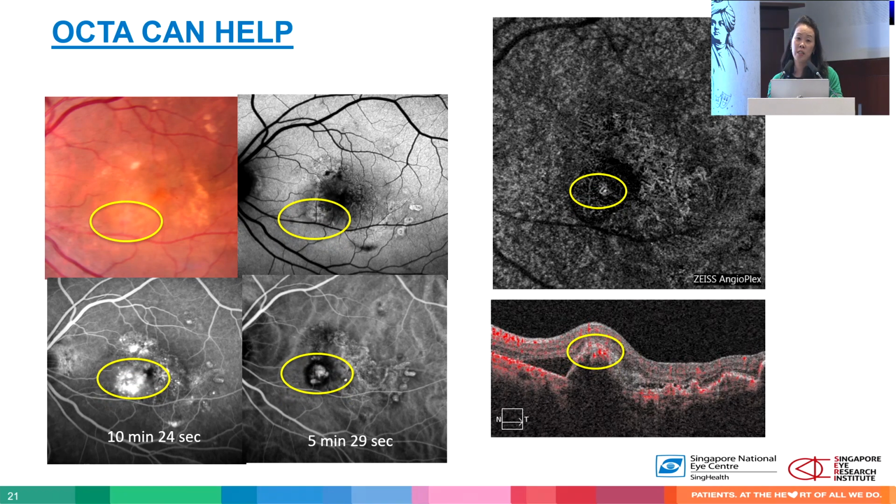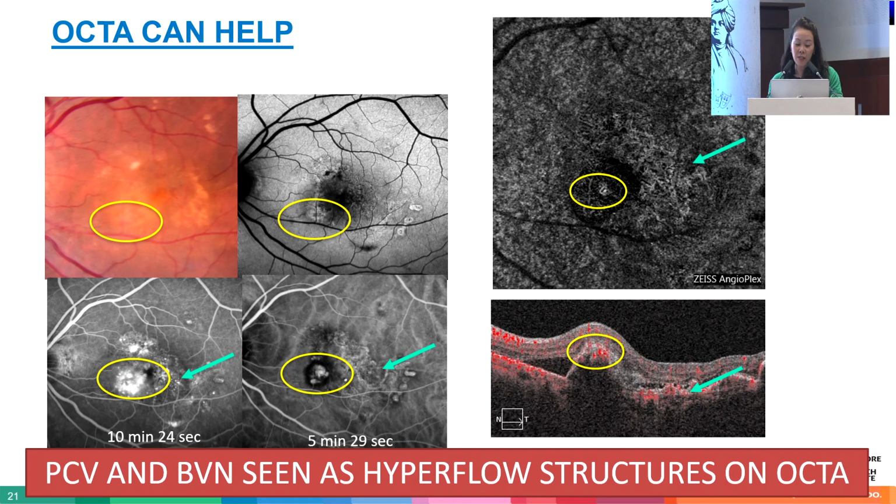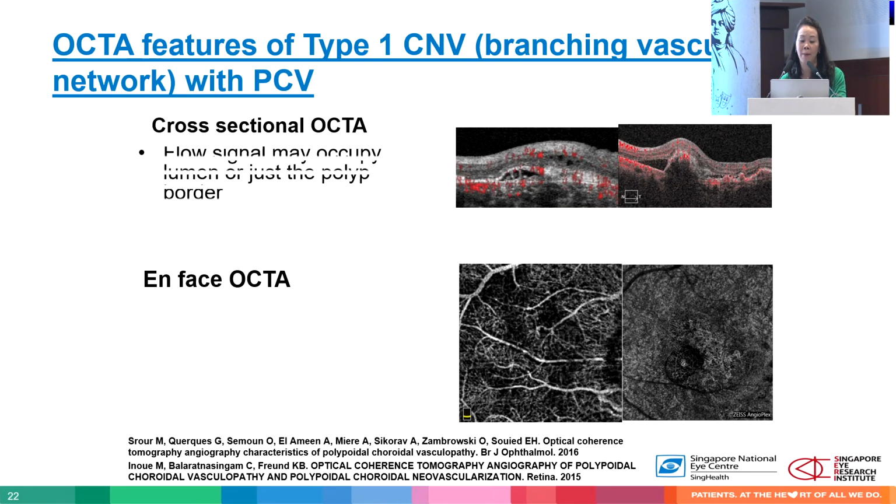You can see the OCTA here that shows a hyperflow lesion where the PCV is and an adjacent branching vascular network. And the PCV is here seen as a hyperflow structure on OCTA, but this is not always the case. In 75%, actually, the polypoidal lesion on OCTA may show up as a hypoflow structure and not a hyper one.